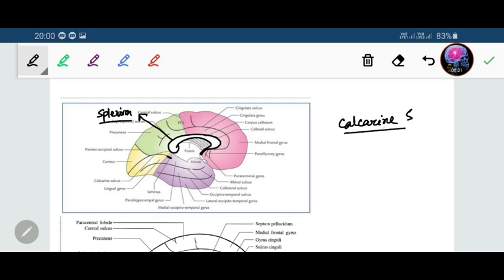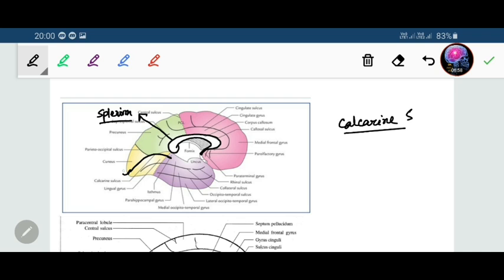The calcarine sulcus begins a little below the posterior end of corpus callosum, which is called the splenium, and then it follows an arched course with a convexity directed upwards to the occipital pole, and it may extend slightly onto the superolateral surface.